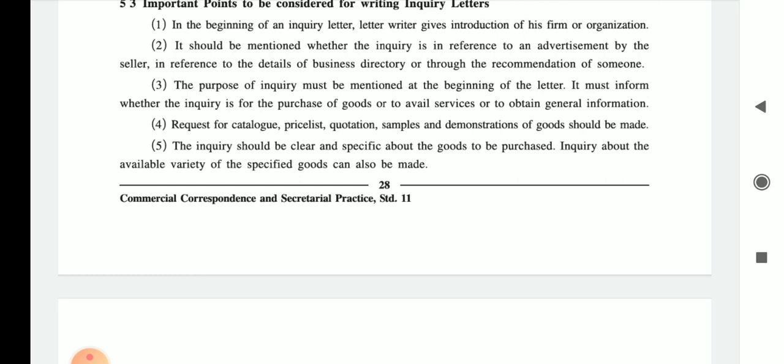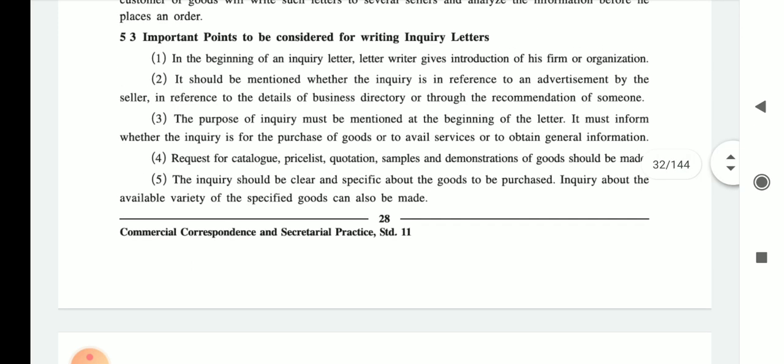You have to make clear whether you want to buy products from that particular business firm, or you write this letter only for the inquiry, or only to get information about the business firm. You have to make this clear very carefully.